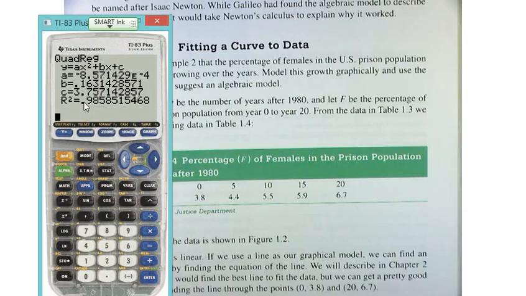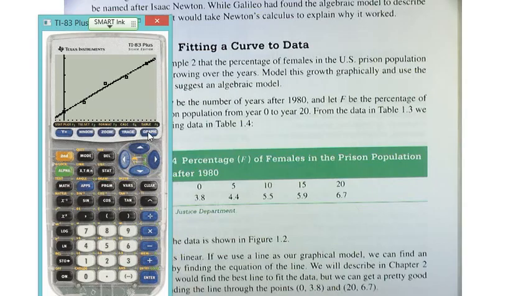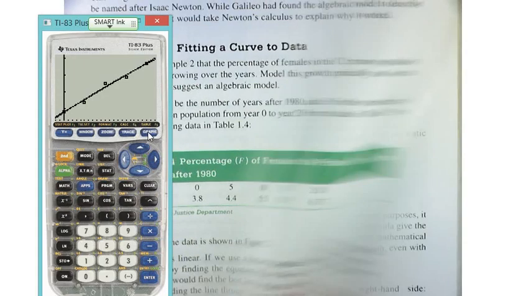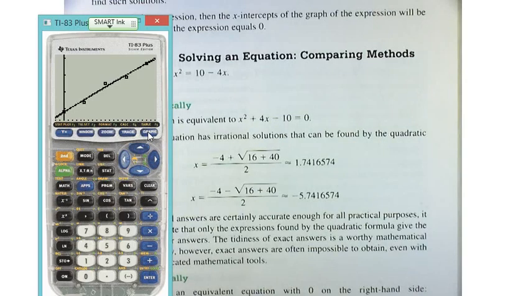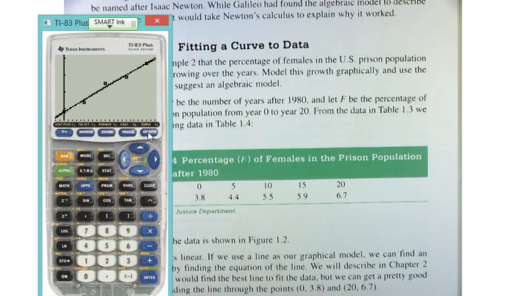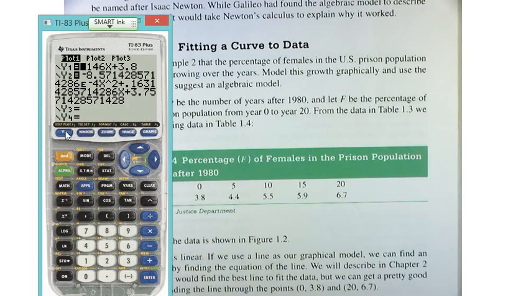So do you think either one could be an accurate predictor? Could be, could be. So now I'm going to look at the graph. Not much of a difference, is there? Not much of a difference at all. Well, the textbook says to use a linear fit. So if I were to use a linear fit, what would we label that as? Well, let's look and see. The linear fit would be 0.146x plus 3.8.